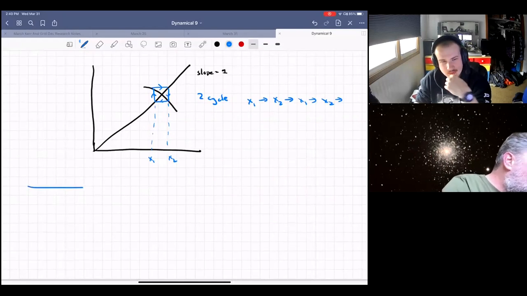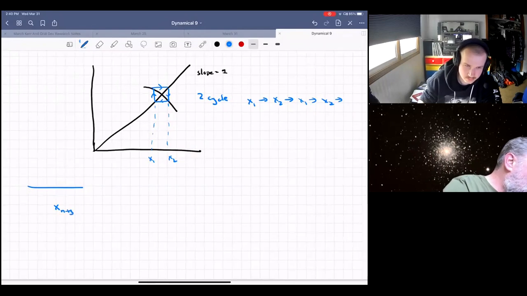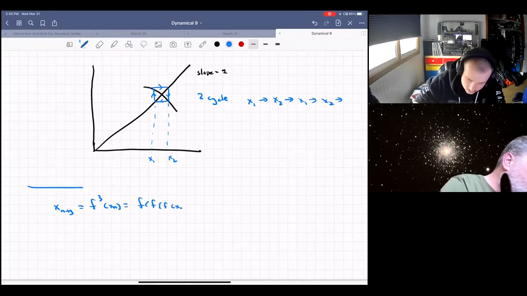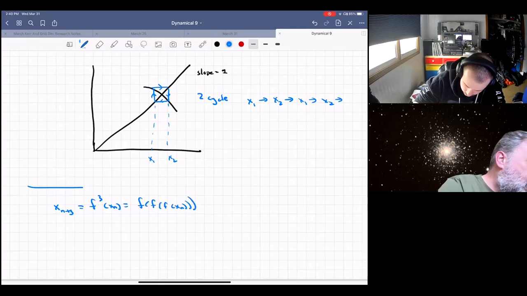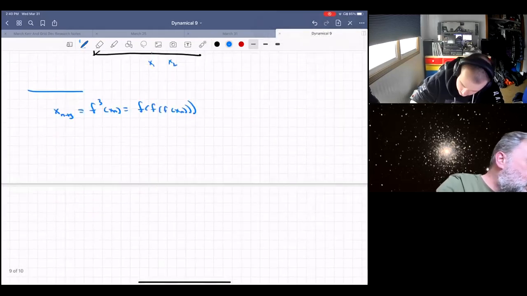So if you write down x n plus 3 is f3 of xn, which is f of f of f of xn, and then you plot out what this thing looks like.